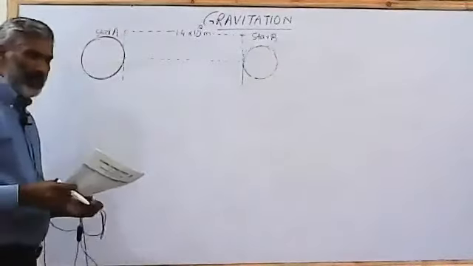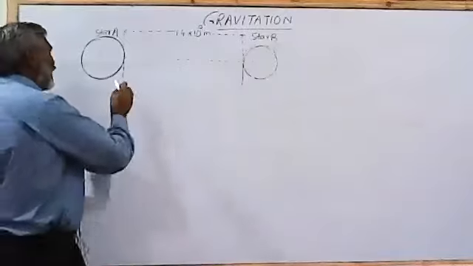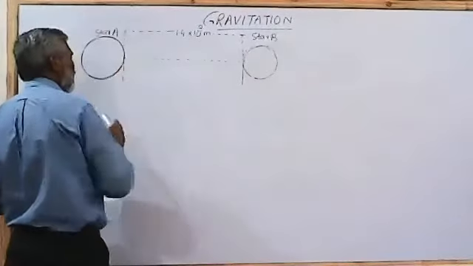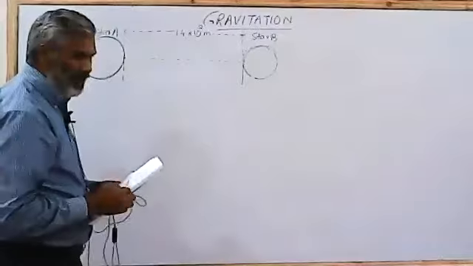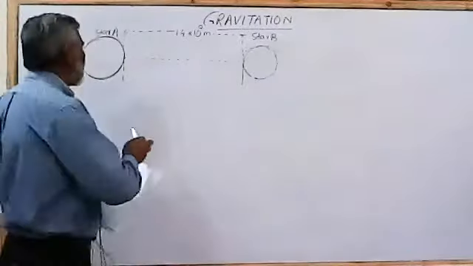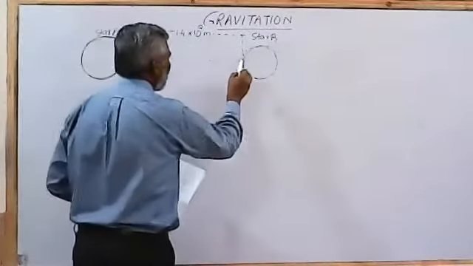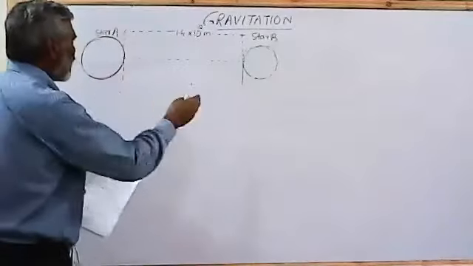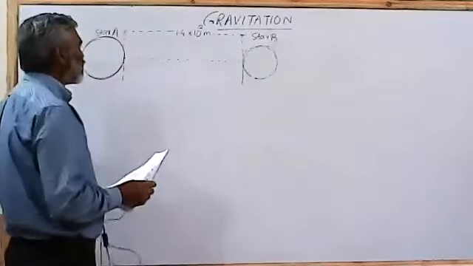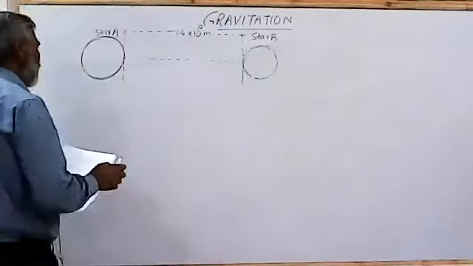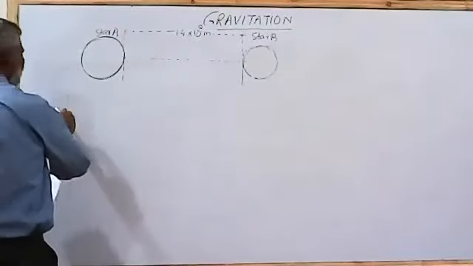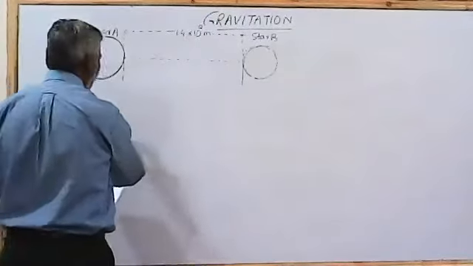The problem is that we want to throw something from the surface of this planet with a certain speed, with a certain kinetic energy, so it reaches this surface easily. It doesn't stop midway. In order to do this, we must understand the kind of information we have been provided.